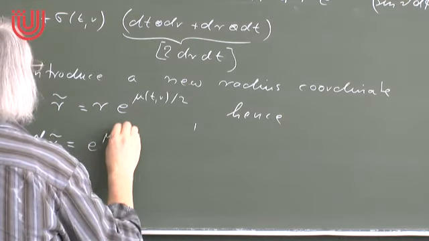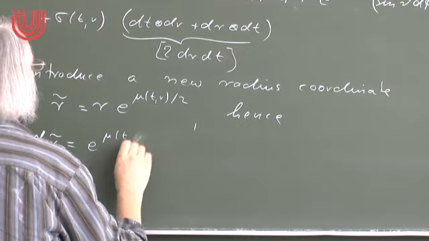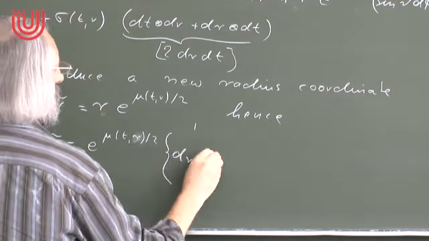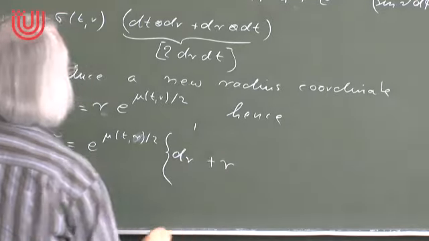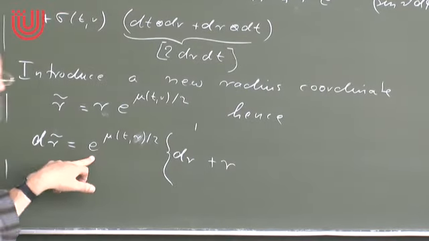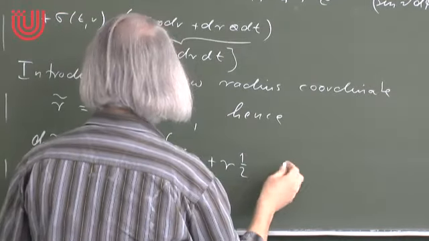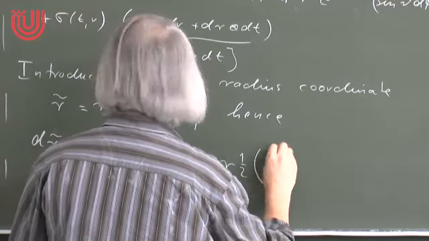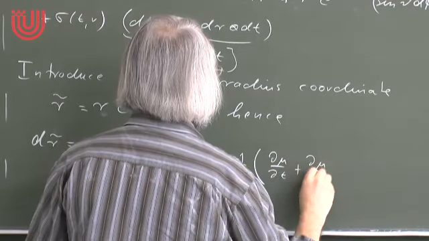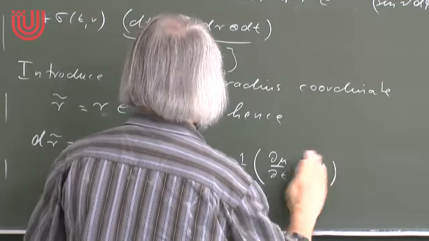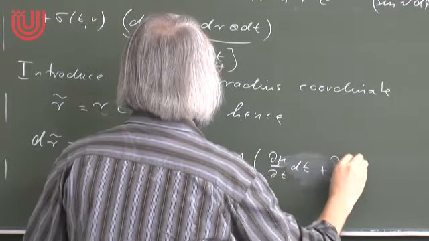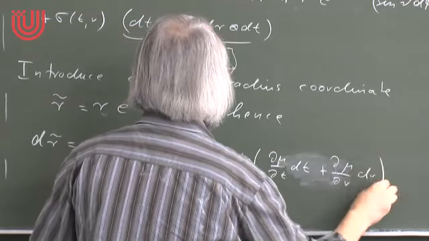Then we get, let's keep, that's an r. So I first differentiate this here, and then I keep this fixed and differentiate the exponential function. Then it reproduces itself, and we get 1/2 d mu by dt plus d mu by dr.